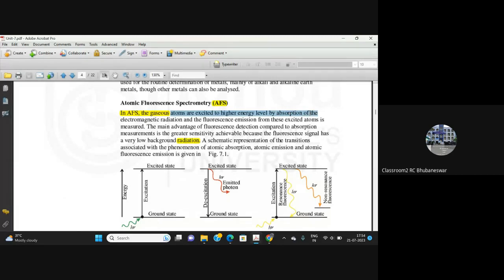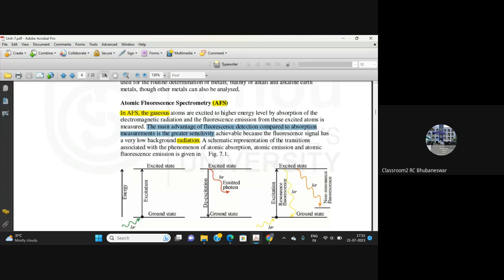Okay, absorption of the electromagnetic radiation and the fluorescence emission from these excited atoms is measured, like the way we saw fluorescence in molecular spectroscopy. So the main advantage of fluorescence detection compared to absorption measurement is greater sensitivity.